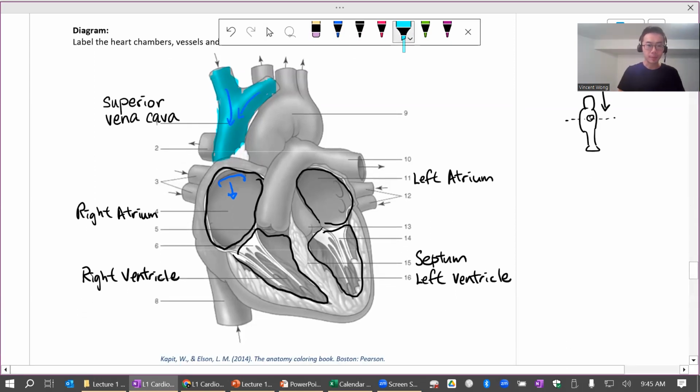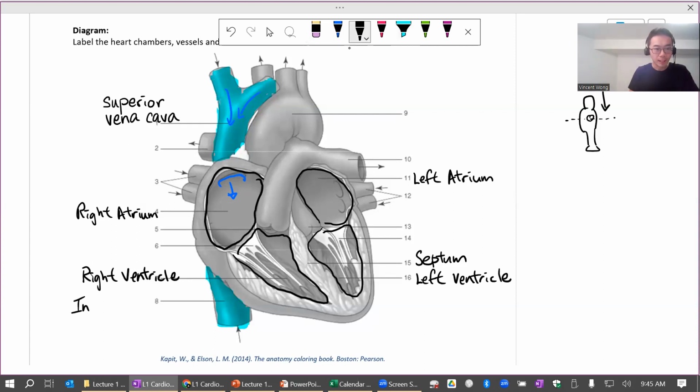Now, you guys are smart people. There's a superior vena cava, so what do we think we're going to call this? Number 8 is the inferior vena cava. That's right. Opposite of superior is inferior. The inferior vena cava collects blood from the lower part of the body, roughly the lower two thirds.